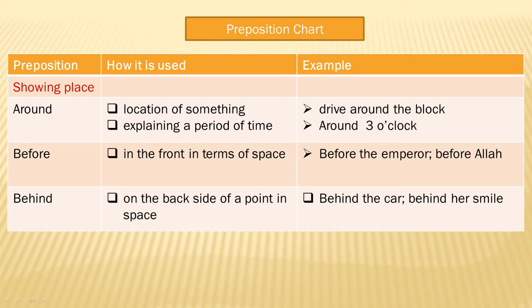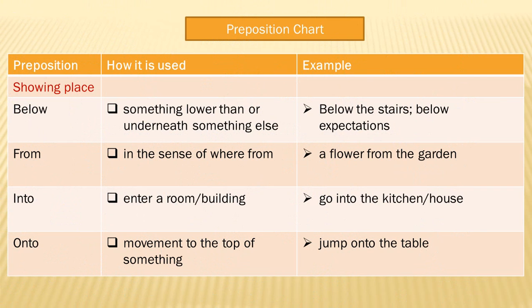You must read the examples with your own words and sentences, then it will be much easier for you to understand the topic. Below is used for place, something lower than or underneath something else: below the stairs, below the expectation. From, in the sense of where from, a flower from a garden.